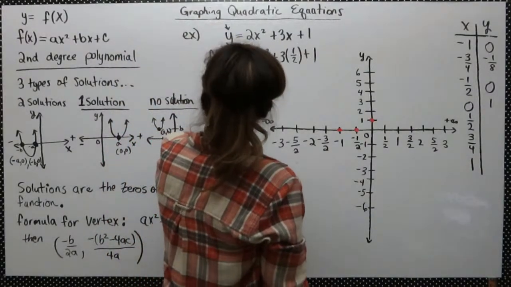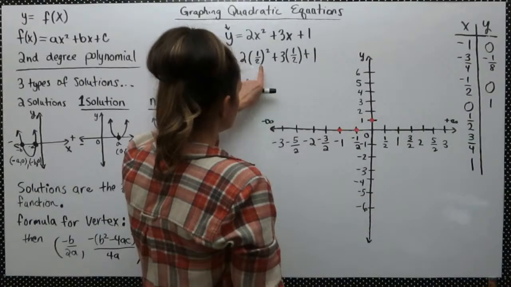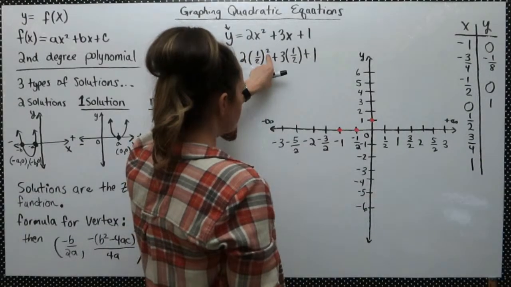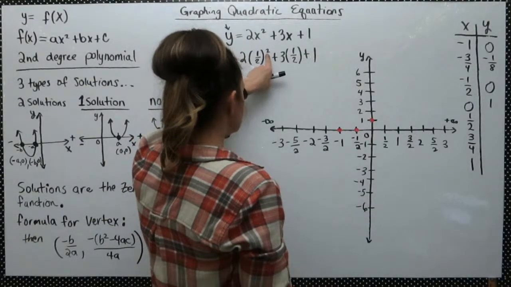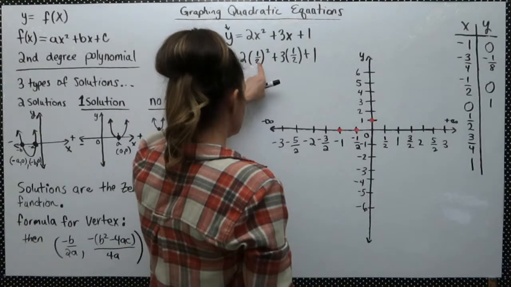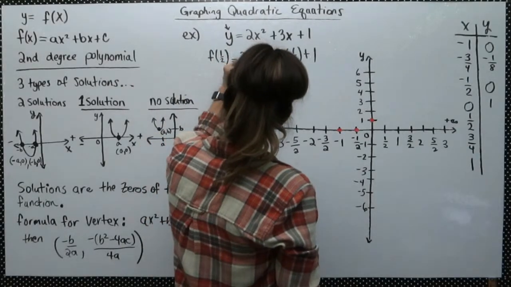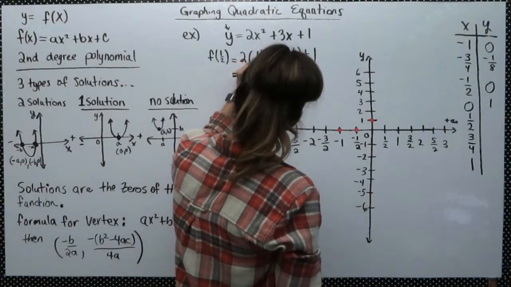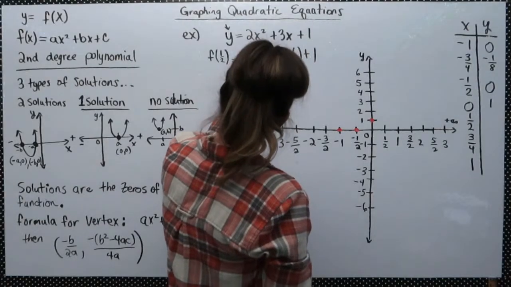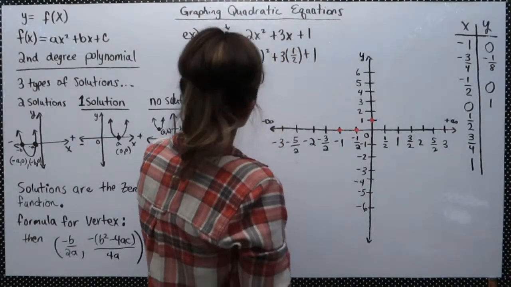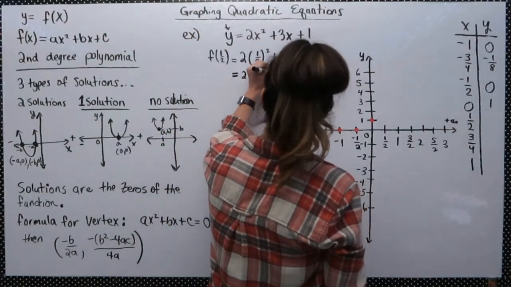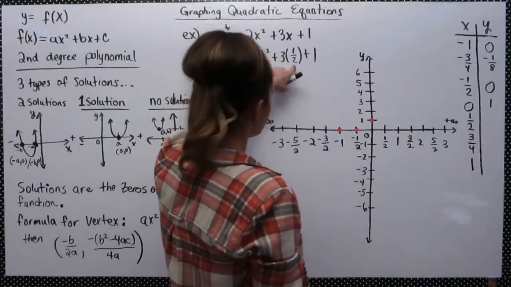So we're going to remember order of operations. We have to handle the exponent first, and we're squaring the numerator and denominator. So this is 2 times 1 squared is 1, and 2 squared is 4. And then that's plus 3 times 1/2.